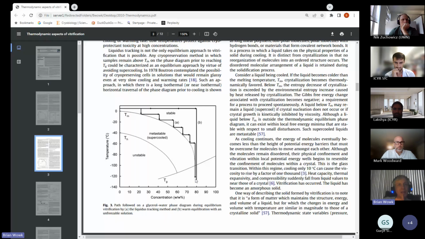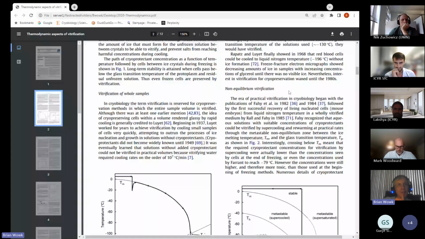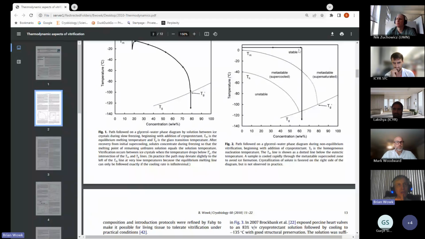The Fahy approach would be you load up in steps osmotically to tolerate some final concentration of cryoprotectant, then plunge cool. Although, of course, in practice, what we do is not quite this simple, because we actually do cool a bit below zero and end loading, when our kidney work, for example, at a temperature of -20 before we plunge cool.